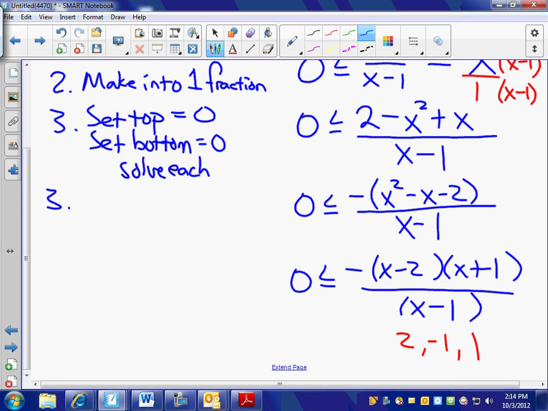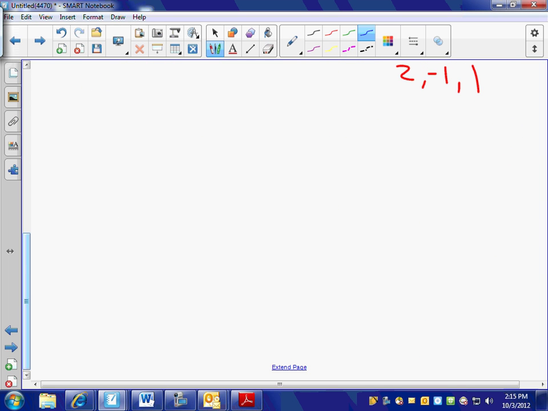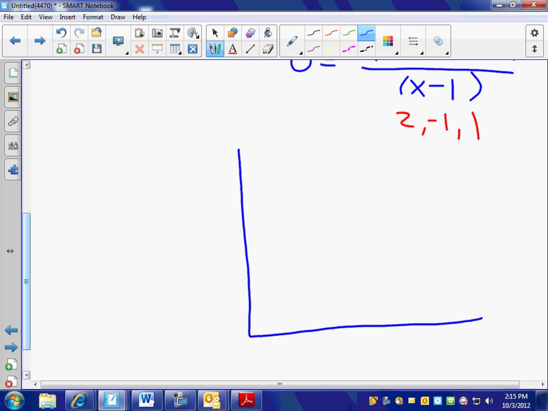The fourth step is make a table. And when I make my table, I put those interesting points at the top of my divisions. I'm going to make a big table here. A lot of times people make their tables too small.